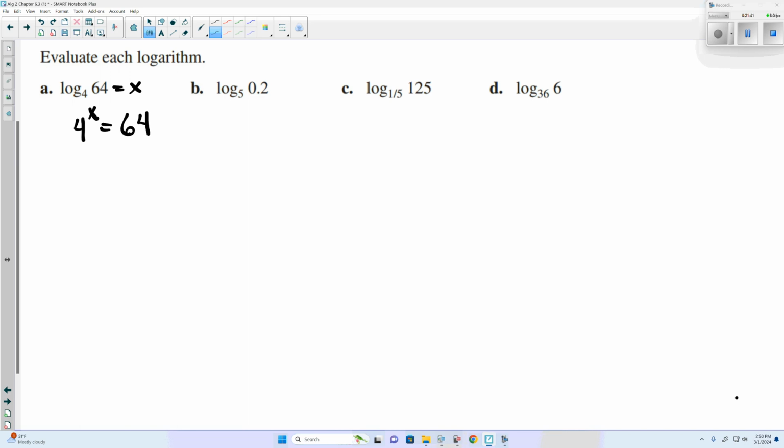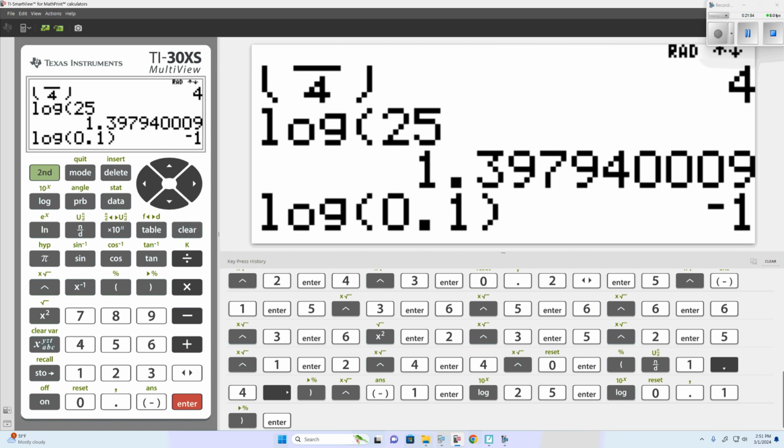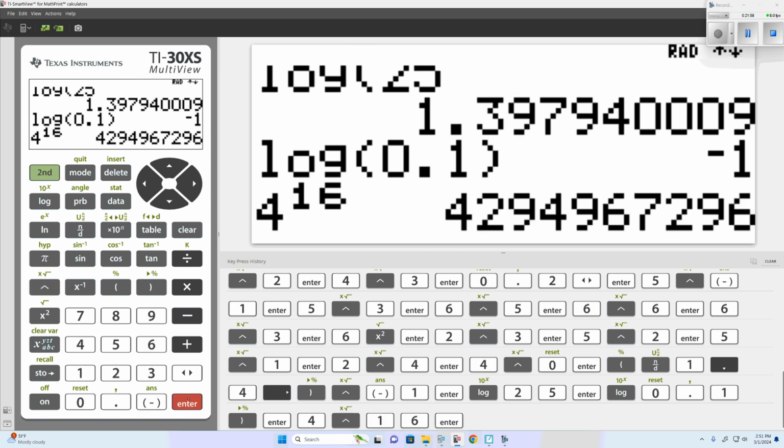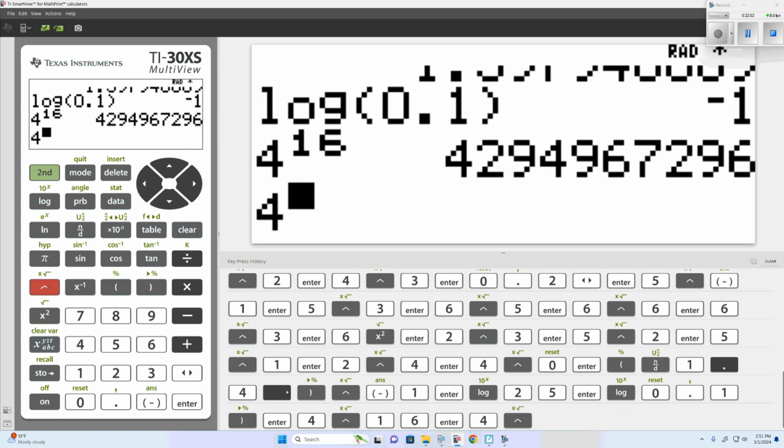So really what we're saying is 4 to what power is 64? So what do we think? Well, 4 to the 16 is? Oh, no. So we can try 4 to the 4th. Oh.